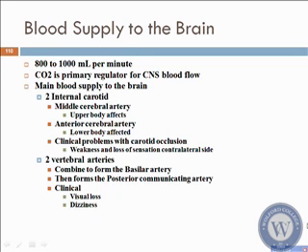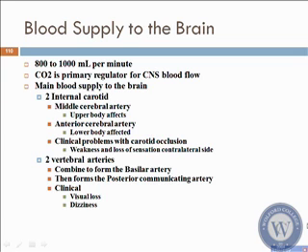Next thing is blood supply to the brain, which is quite a considerable amount of volume. We're looking at 800 to 1,000 cc's per minute. That's a lot of volume. Okay. CO2 is the primary regulator of central nervous system blood flow under most circumstances. Mean arterial pressure between 50 and 150 maintains a steady cerebral blood flow.